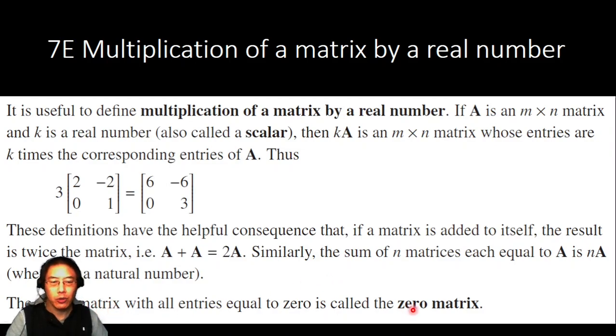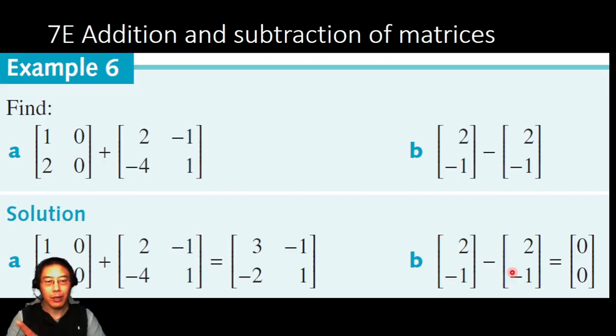Kind of an information, the zero matrix is a matrix of whichever dimension, but all the entries are equal to 0. For example, let me go back. See, when we did the difference here, we ended up with a matrix with 0 as entries. It's a 0 matrix, which is a 2 by 1.